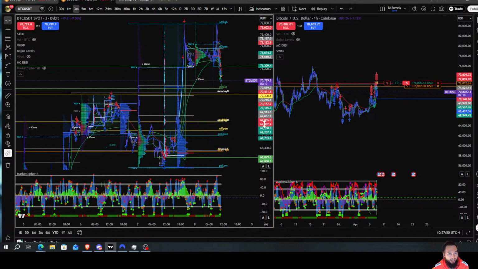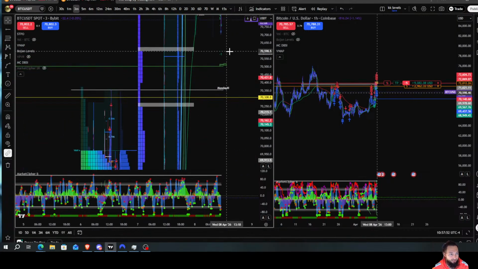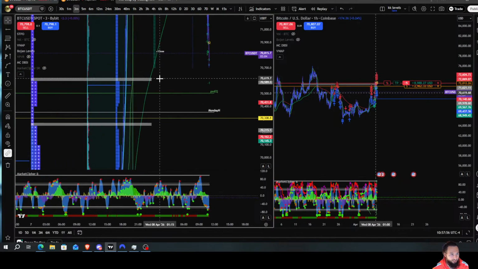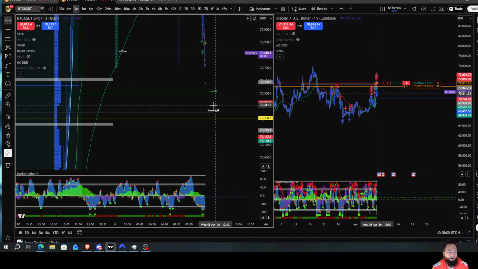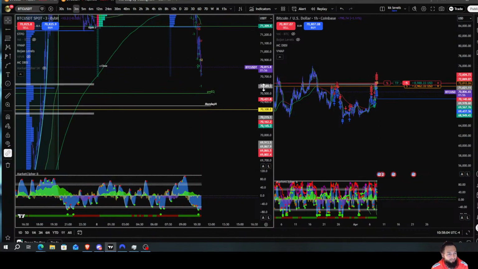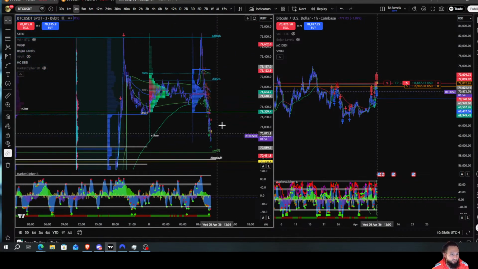Oh no, I lied. I had to zoom out. I apologize. We front ran the single prints. They're still right here at 70,600. Come on, we come down a little bit more and touch them single prints, y'all. Come on, short this Ponzi, yo.